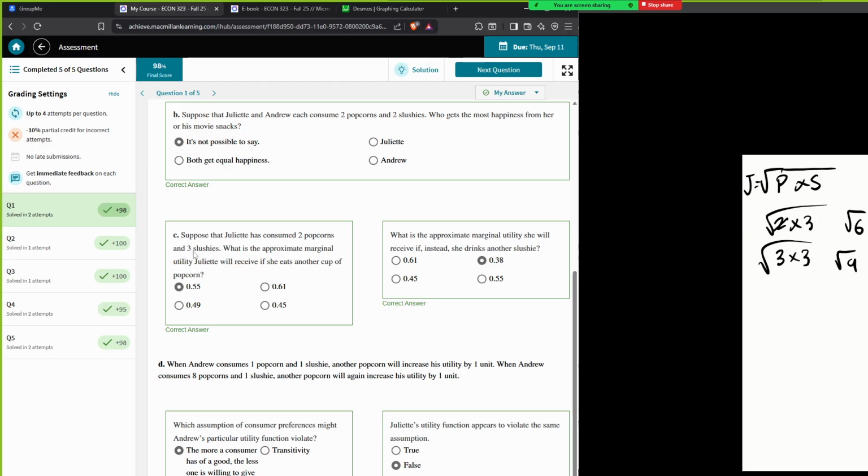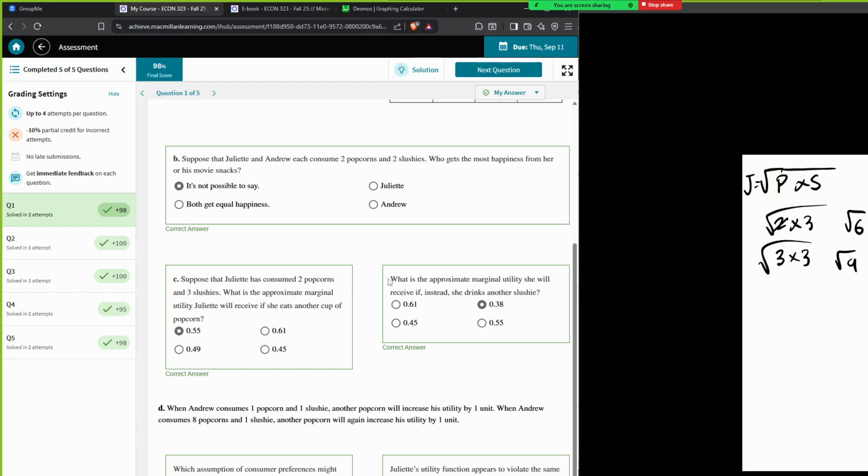So what's the marginal utility of her getting that extra popcorn? That's going to be the difference between these two. So 3 minus 2.45 equals what, 0.55? Yeah, 0.55. Okay, so what is the approximate marginal utility if she instead drinks another slushie? Okay, so we're back here.